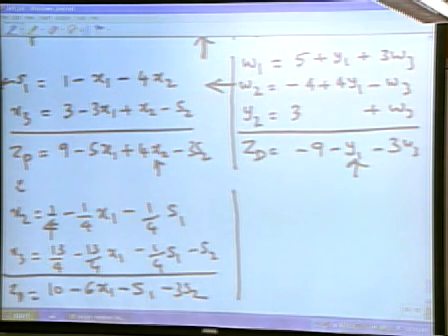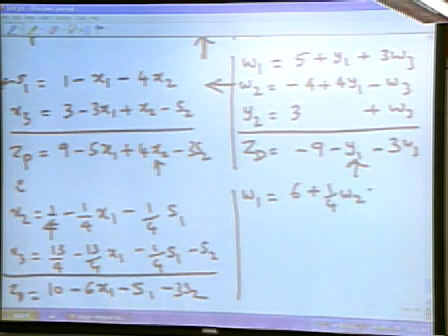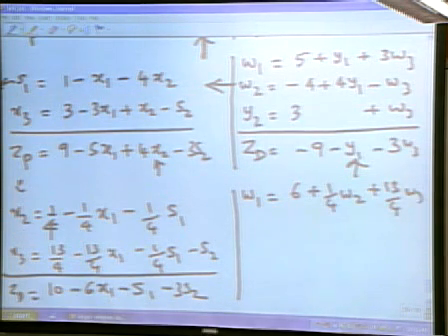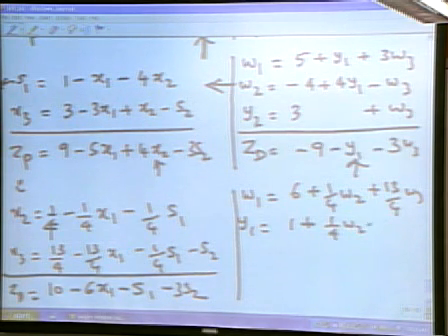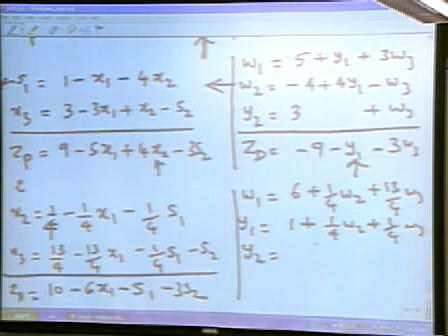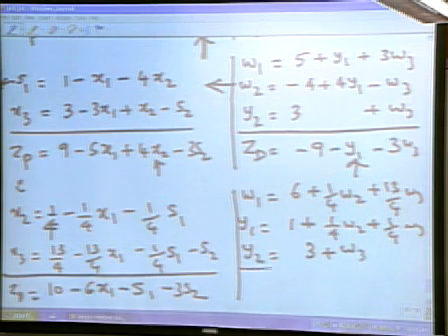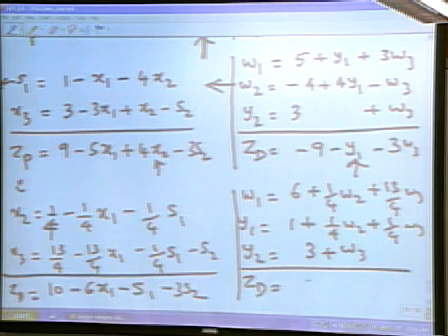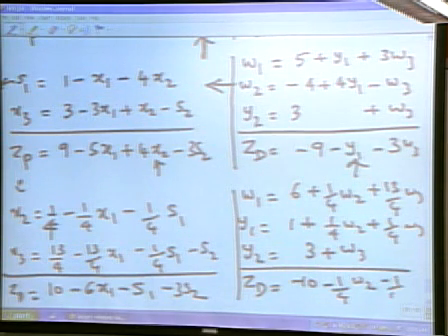And if you do the corresponding pivots on the right hand side, you get w1 equals 6 plus 1 over 4 w2 plus 13 over 4 w3, y1 equals 1 plus 1 over 4 w2 plus 1 over 4 w3, and y2 equals 3 plus w3, and you have vd equals negative 10 minus 1 over 4 w2 minus 13 over 4 w3.